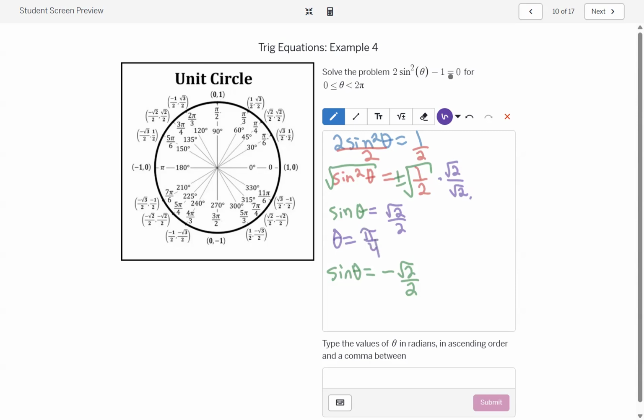So pi over 4 and 3 pi over 4. And then when is sine theta negative square root of 2 over 2? That's going to be our other 2 over 4s, 5 pi over 4 and 7 pi over 4.